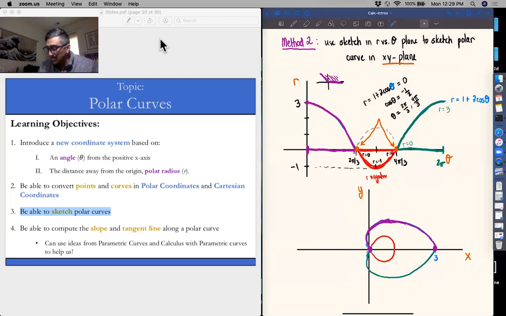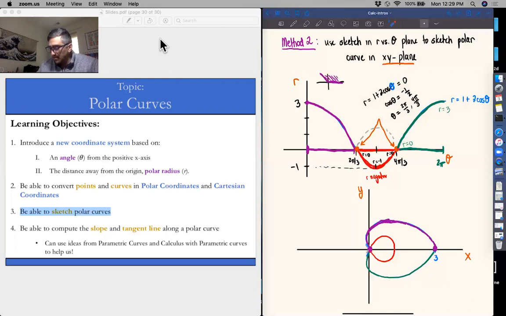In the opposite sense, near 4 pi over 3, r is 0. But then as theta increases to 2 pi, r is growing back to a value of r equals 3. So near that angle of 4 pi over 3, r is 0. But as we keep sweeping towards 2 pi, r just keeps increasing towards 3.